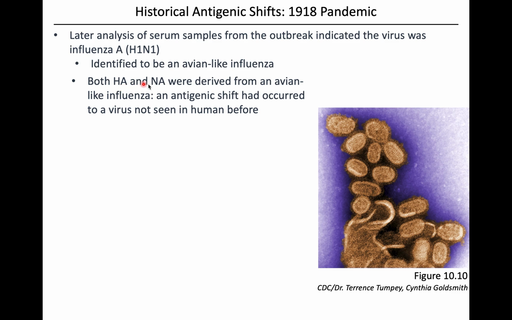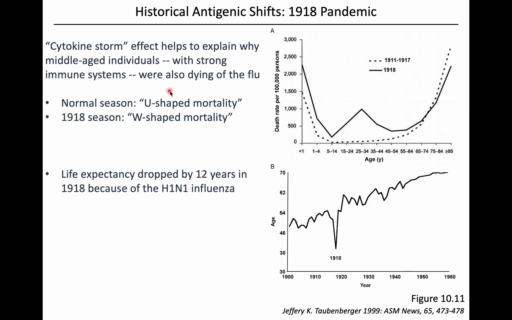But both the HA and the NA were coming from bird flu. So again, this was one of these antigenic shifts that we just talked about, creating a virus that humans had no immunity to, that immune systems had never encountered before.